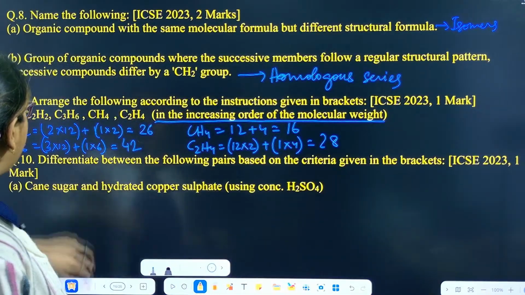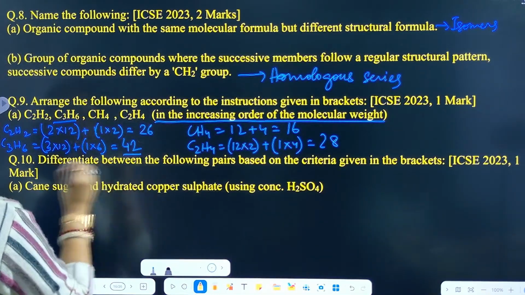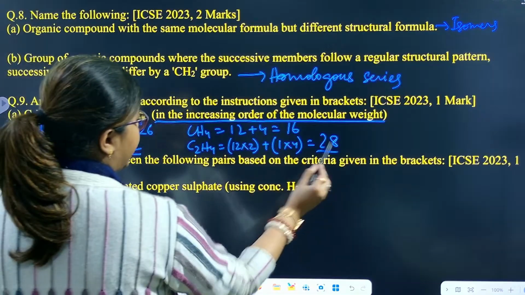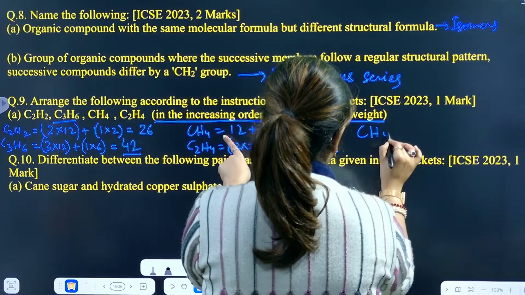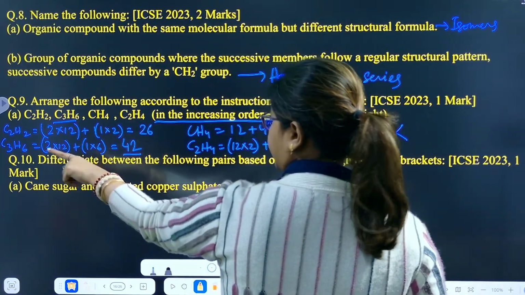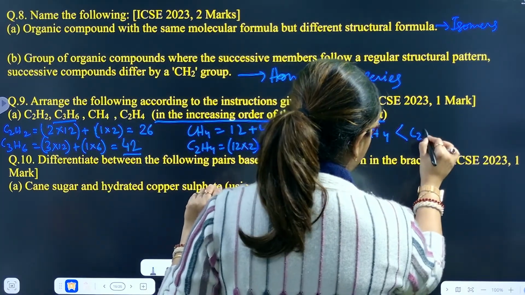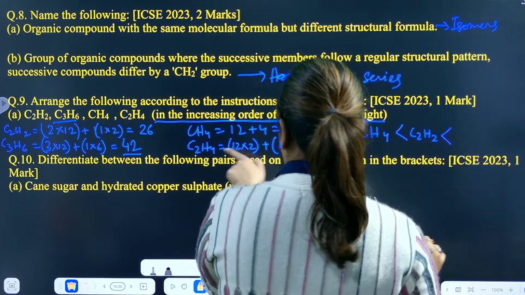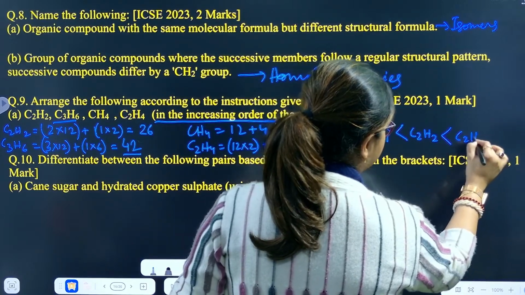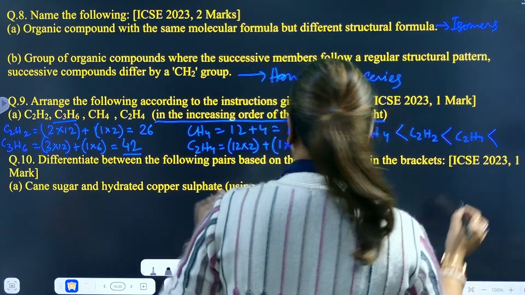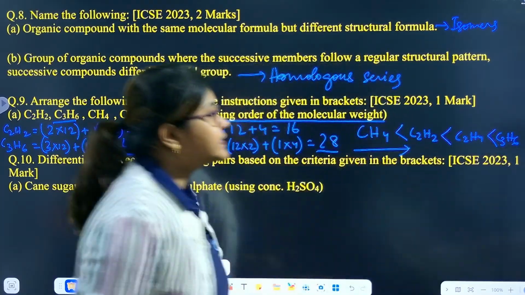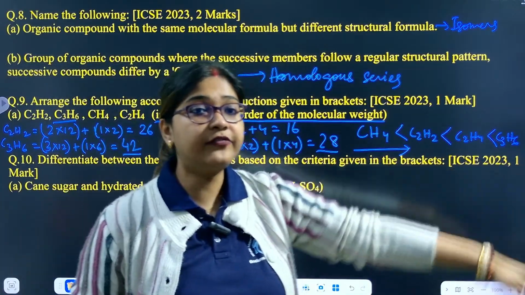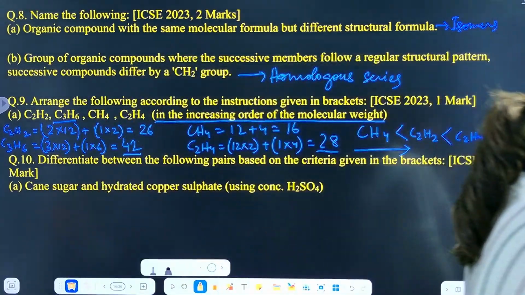So the highest is this 42, next is 28, the increasing order CH4, फिर हो जाएगा C2H2, फिर हो जाएगा C2H4 and then is C3H6. So this is increasing order of molecular weight.